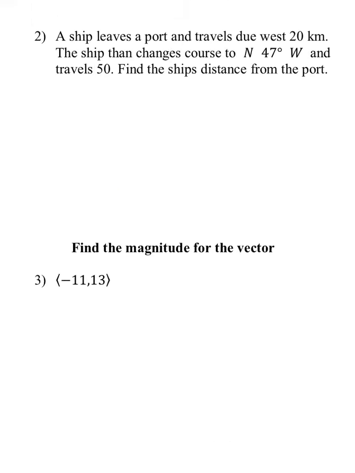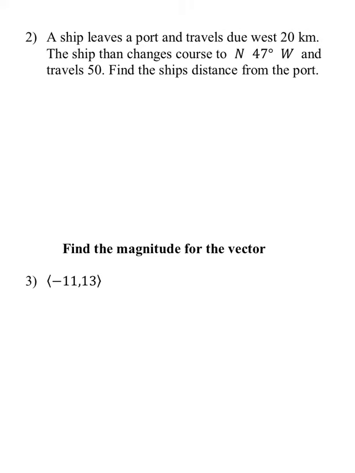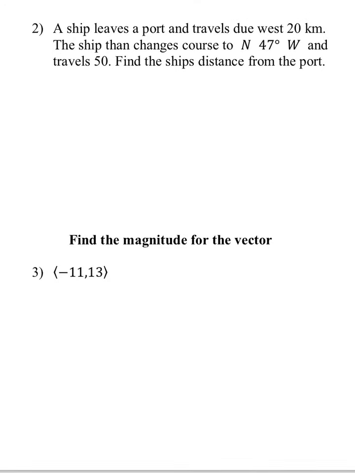Okay, in question 2, a ship leaves port and travels due west for 20 kilometers. Okay, so I'm going to draw my north-south line right here. This is north, magnetic north. And we're going west 20 kilometers. So 20 kilometers west, which means I'm going to the left.